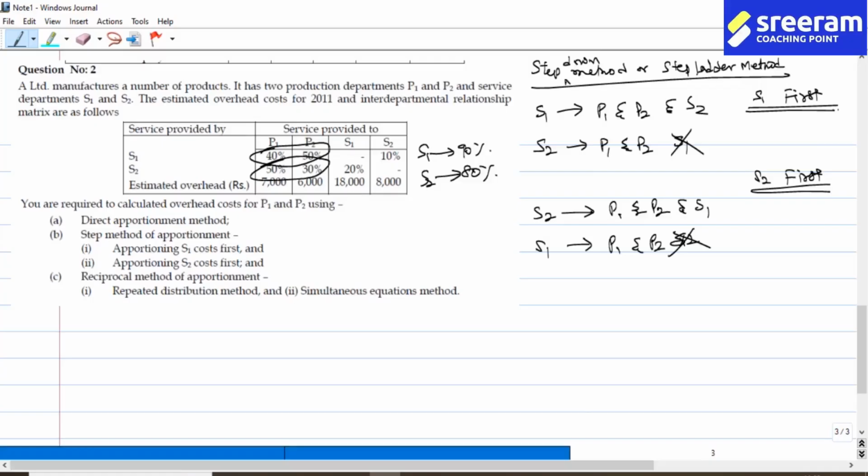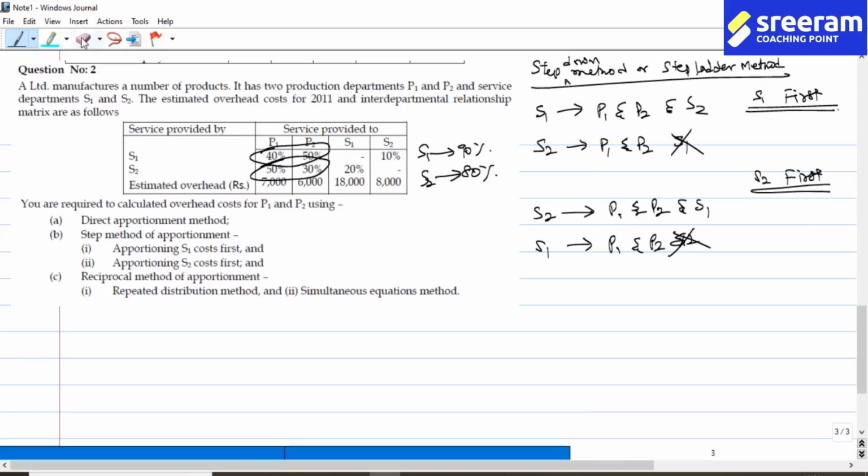In this case, S1 had rendered 90% of its services to production departments, and only a very nominal 10% had gone to S2. Whereas in the case of S2, only 80% they have given, and 20% of the service they have given to S1. So if the problem is silent and you want to work it out on the step ladder, S1 first is what you have to take up.